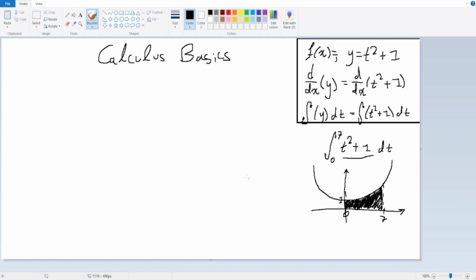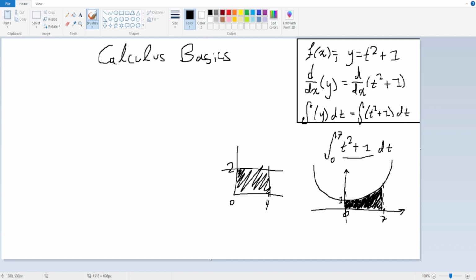Say you just had a function that's a straight line, and you have the interval 0 to 4, and the height is 2. You can figure out the integral of this function by calculating the area under here, because it is very easy to calculate. It's just 4 times 2. That's the area of a rectangle.